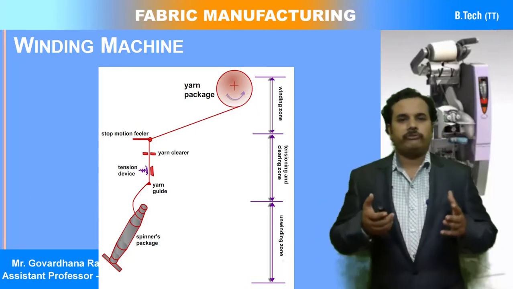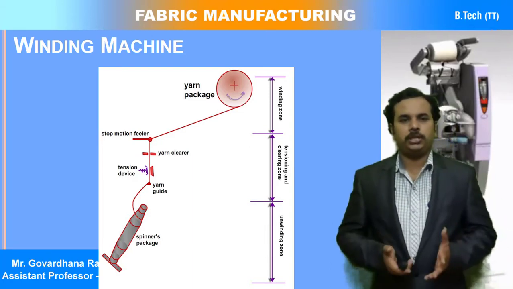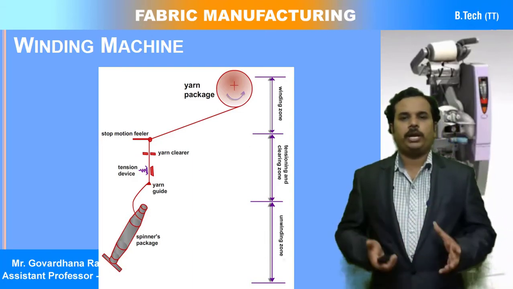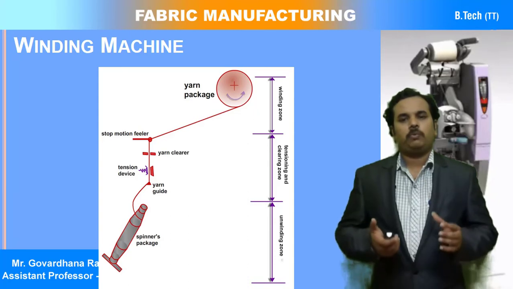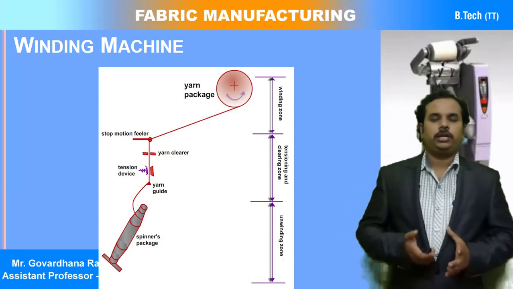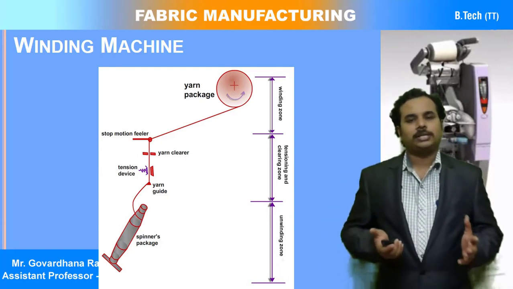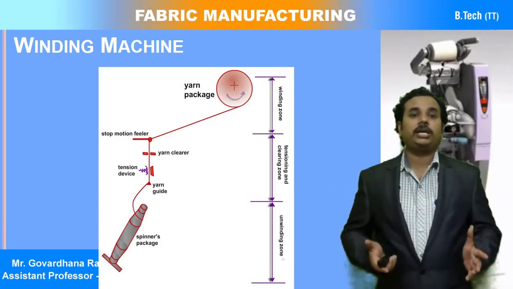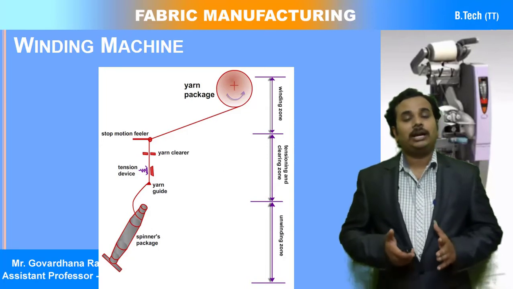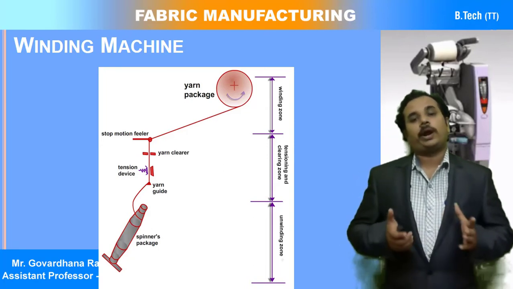Now we are going to see what a winding machine consists of. A winding machine consists of 3 different zones. One is called the unwinding zone, the second is the tensioning and clearing zone, and the third is the winding zone.